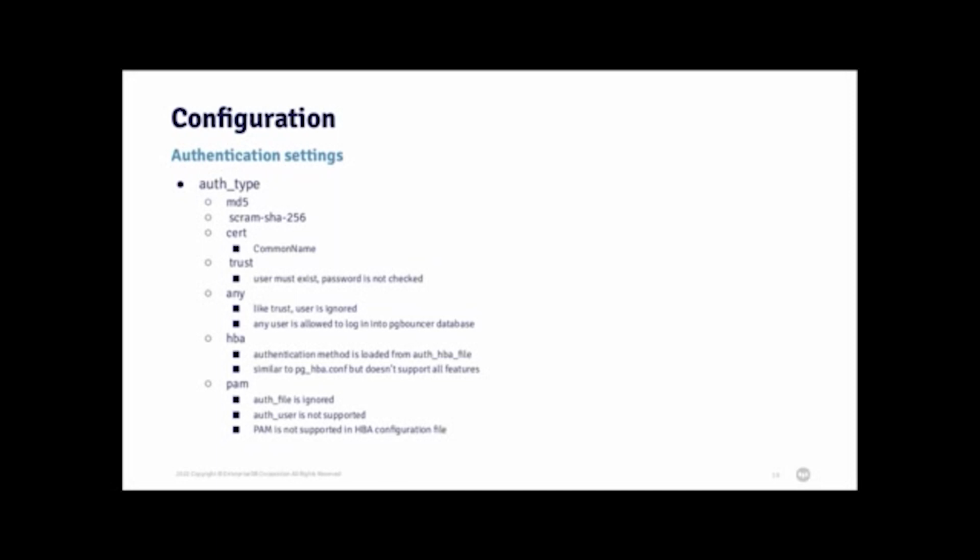The rules are similar to an HBA file in Postgres, but there are some restrictions. I won't mention all the restrictions here, but check the manual and see if everything is covered.